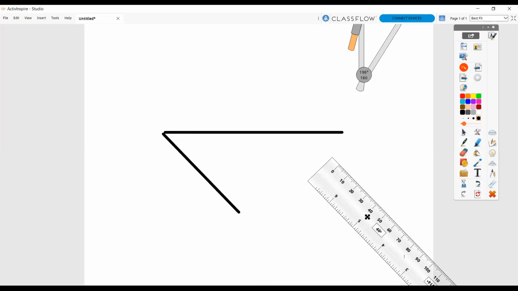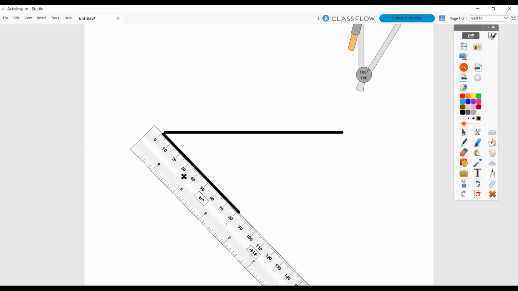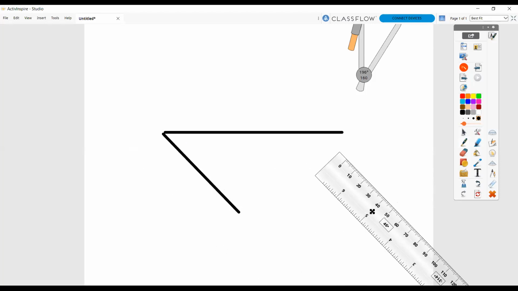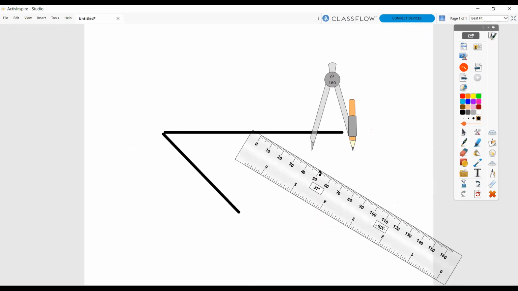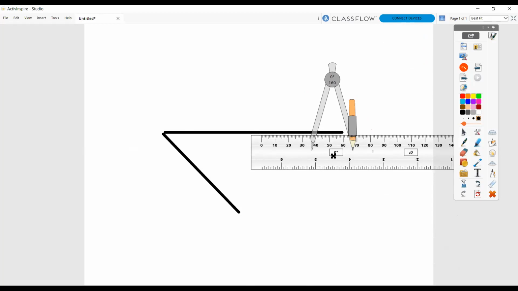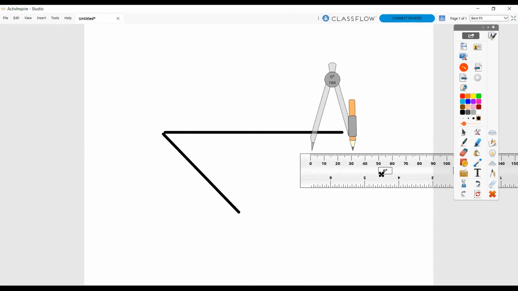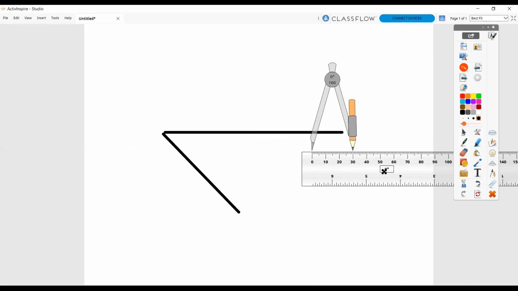Now if you don't want to make the division by using this line, what we can do is take the compass and set the compass. Let us make it horizontal first.